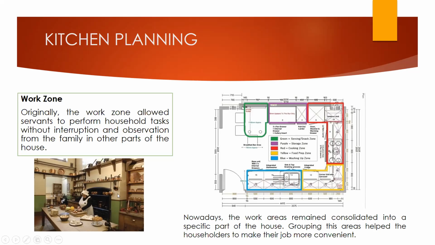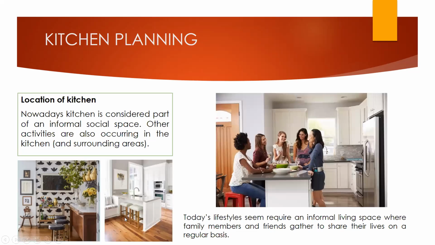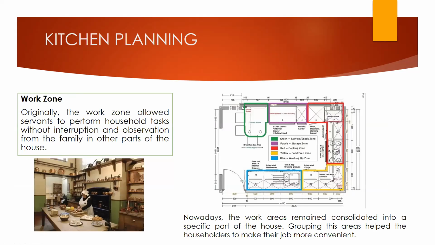But it's a good point to talk about this work zone, because I like this term, because despite the fact we have this social area and we have many different activities in the kitchen, we can never forget one detail related to the kitchen.